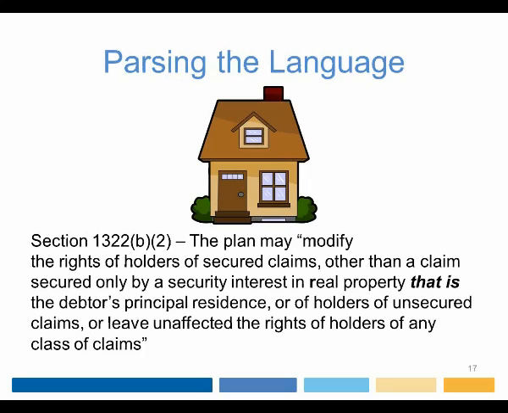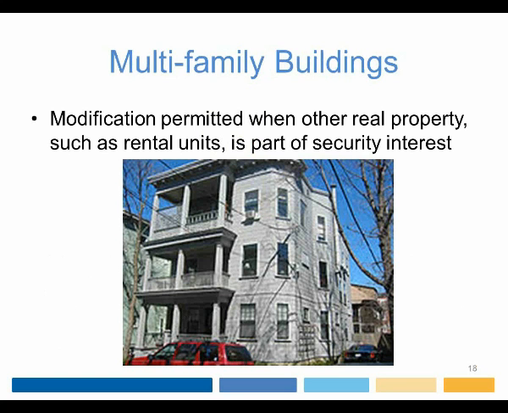Another one is when we look at this language closely, and actually there's a Second Circuit case that's directly on point on this, that focused on the words "that is." Imagine this whole statute, and those two words were given a lot of meaning by the Second Circuit, which said, look, if it's not real property that is the debtor's principal residence, and what they focused on here was if it was a multifamily building.